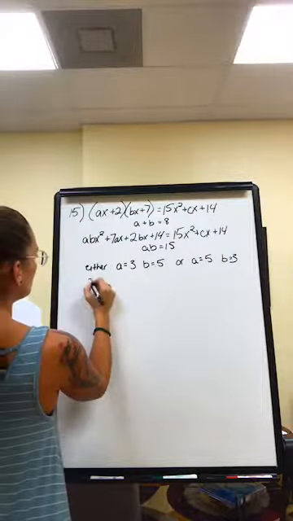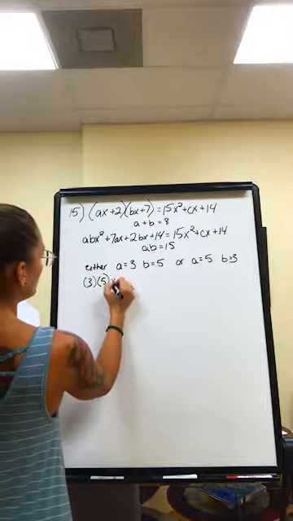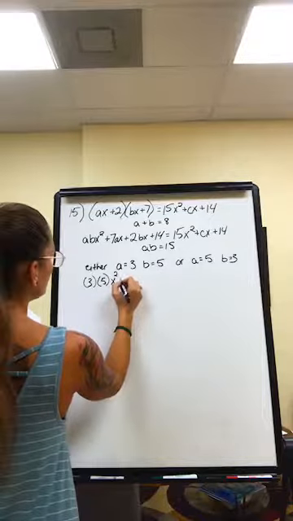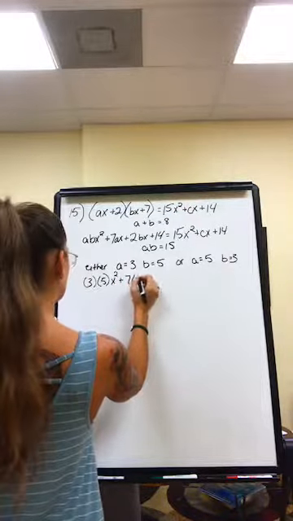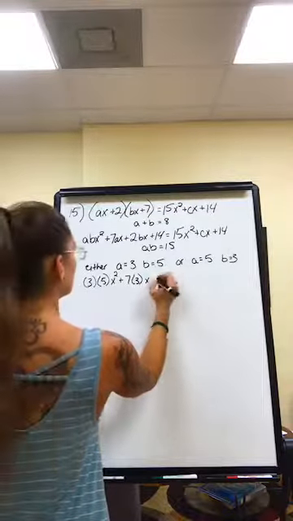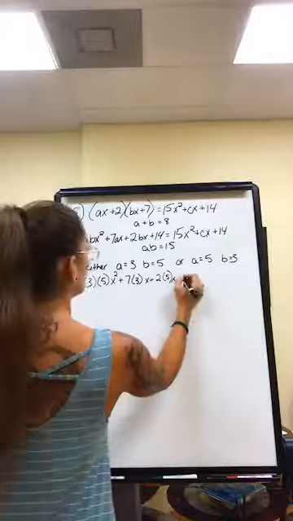So we have 3 times 5x squared plus 7 times 3x plus 2 times 5x plus 14.